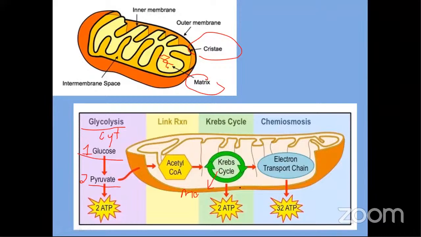And what is the product of the Krebs cycle? ATP, energy. ATP is definitely formed, but what is formed along with it?